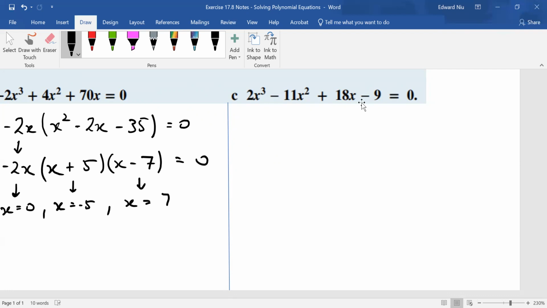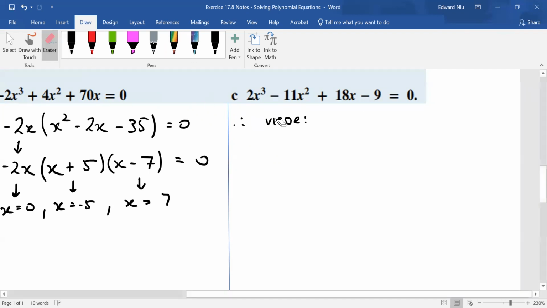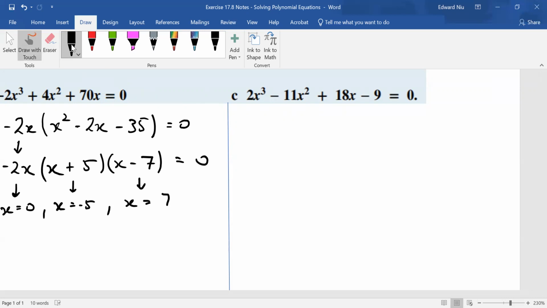No, let's long divide. So what we need to do is use the remainder theorem to find what our divisor is. So let's just write the steps out. Step 1. I'm sure you're familiar with these steps. We've done this before, but just to consolidate.